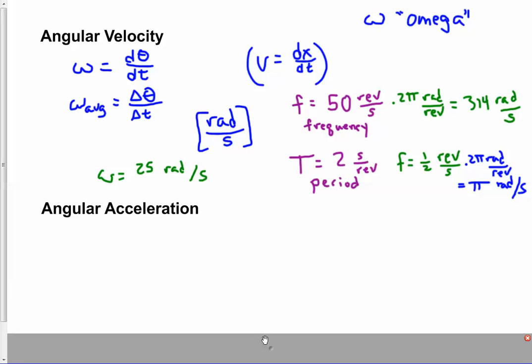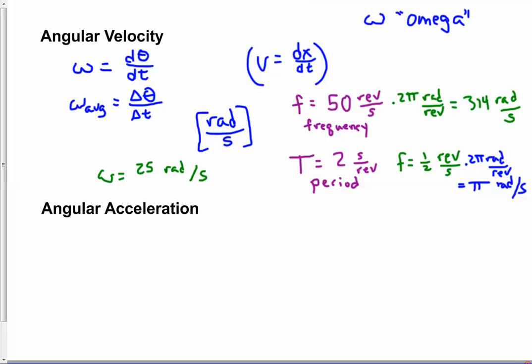Okay, and now acceleration. With acceleration, we use the Greek letter alpha, the first letter of the Greek alphabet, lowercase alpha, as a stand-in for A, for acceleration. This is the derivative of the velocity, which means it's the second derivative of position, just like with regular 1D motion.